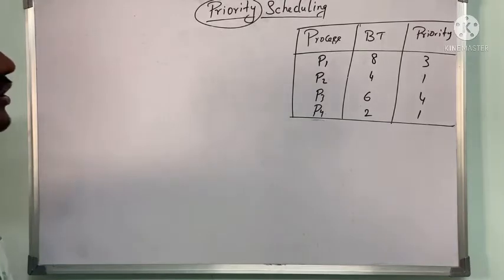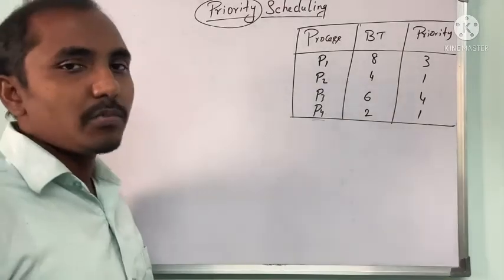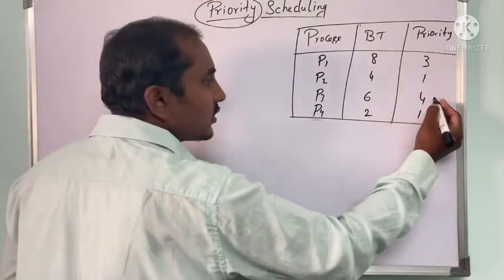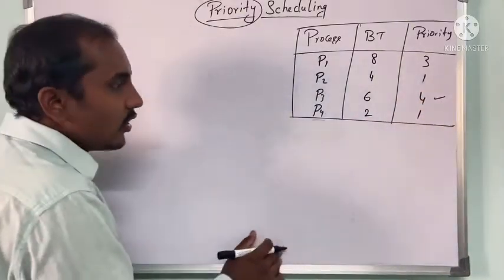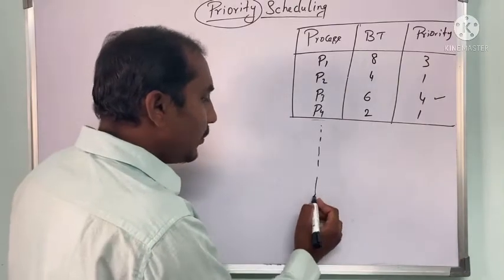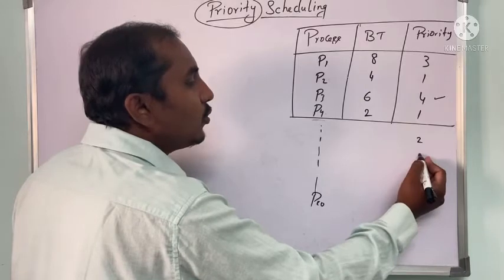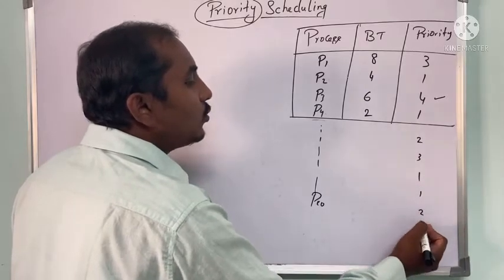Priority scheduling faces some problems. For example, if I give process P3 the priority 4, and now I get P1 to P10 processes, all the 10 processes will have a lower number and so higher priority, like 2, 3, 1, 1, 1, 2 or something like that.